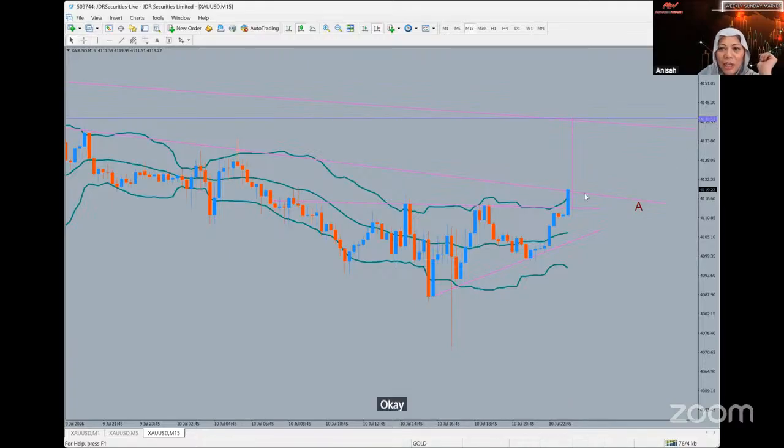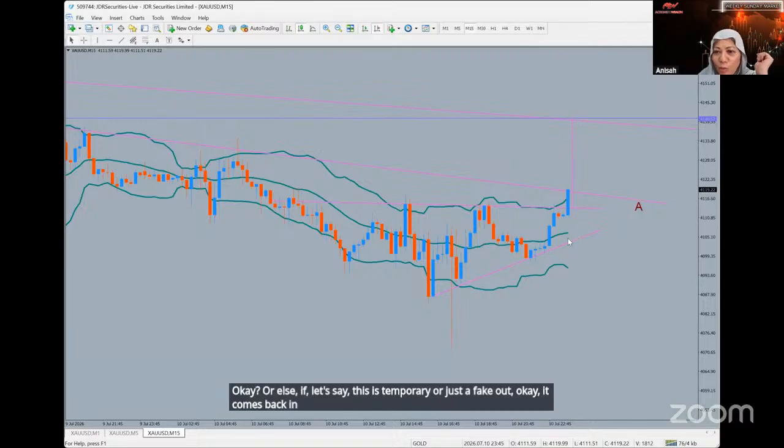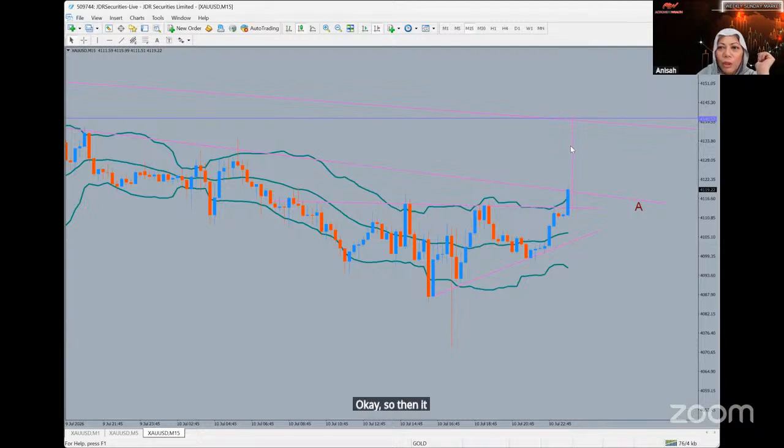Or else, if this is temporary or just a fake out, it comes back in and closes below the mid BB or the baseline of this head and shoulder, then it will go downwards instead. Downwards means your target will be 4076.97.